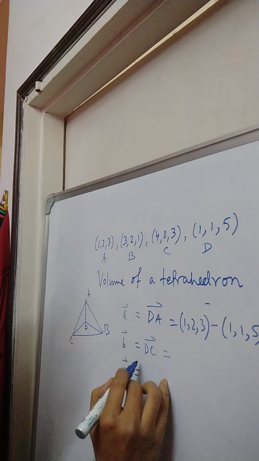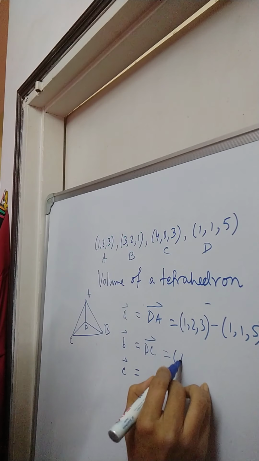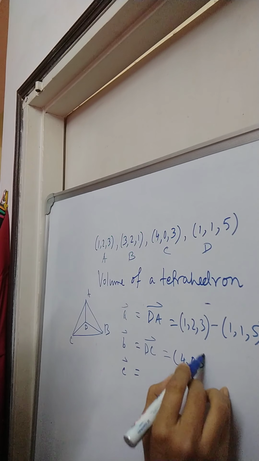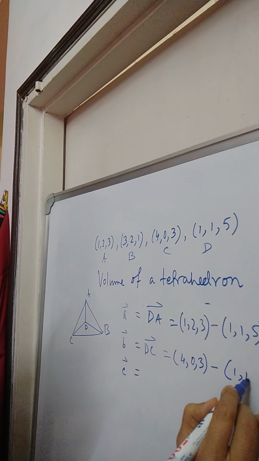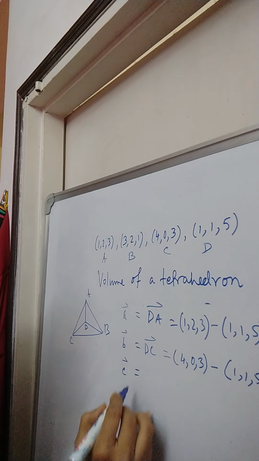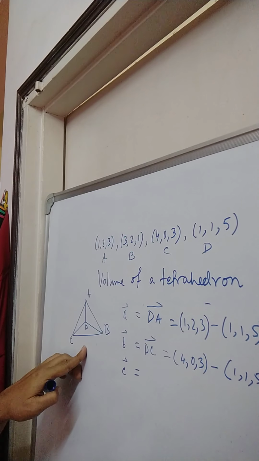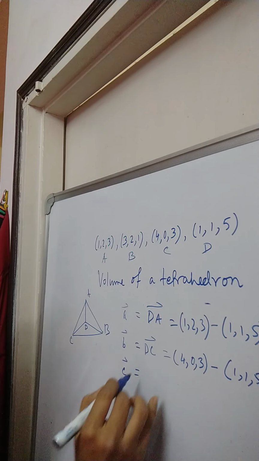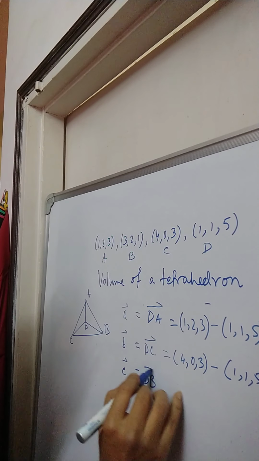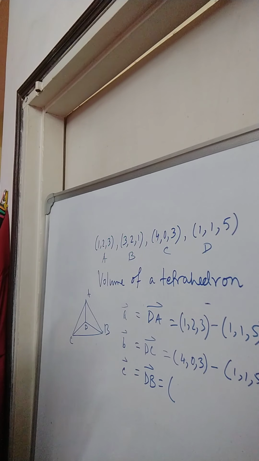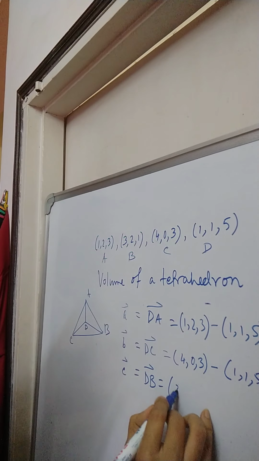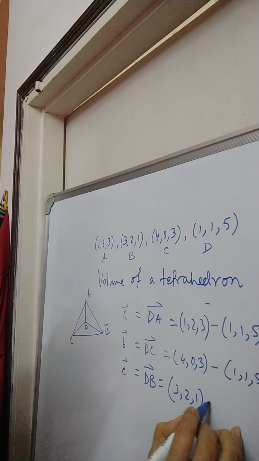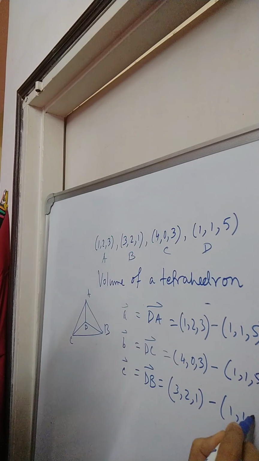DC is C minus D, C is 4 0 3 minus D is 1 1 5, and then we have lastly the C vector, which is represented by, let us say, DB. So, what will be DB? DB will be B minus D. So, that is 3 2 1 minus 1 1 5.